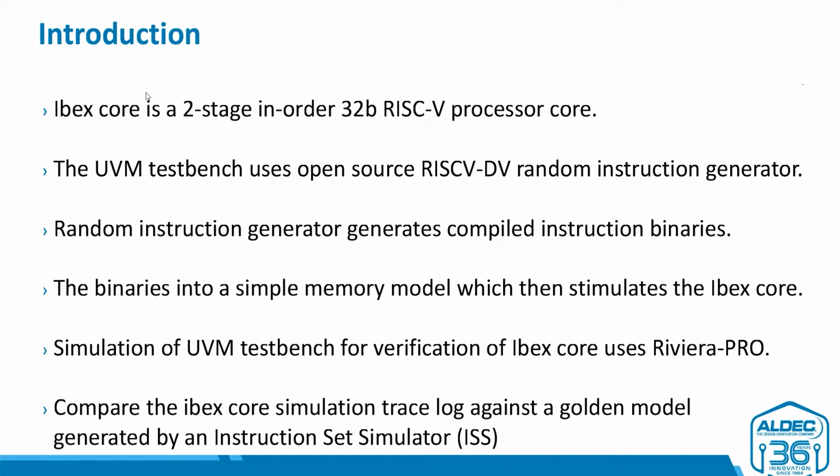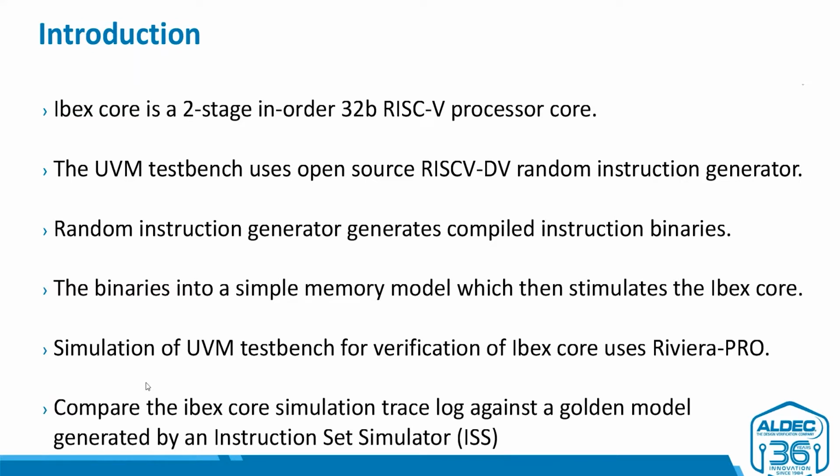We then load these binaries into a simple program, which then stimulates the Ibex core in Riviera-PRO to run this program in that memory. So we are using Riviera-PRO for the simulation of the UVM test bench for verification of the Ibex core.